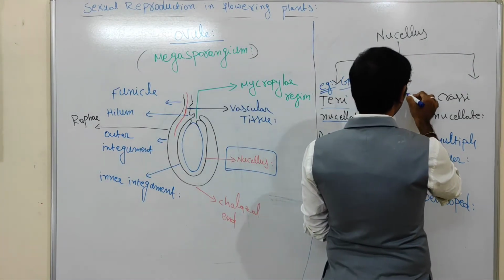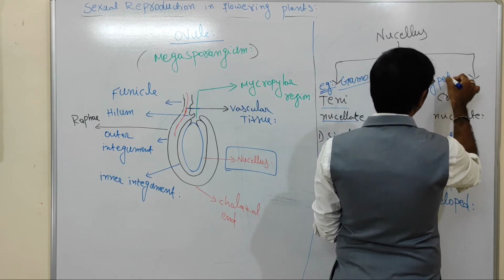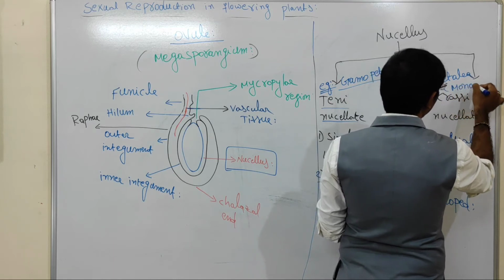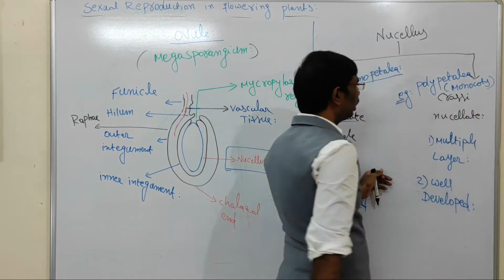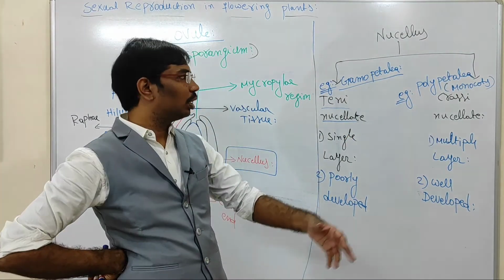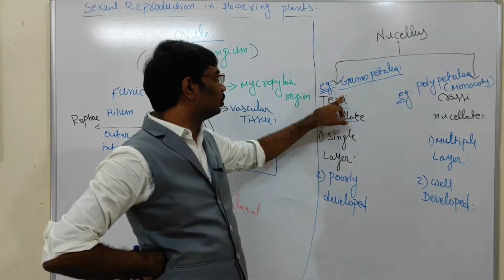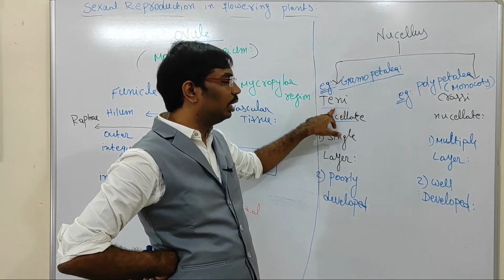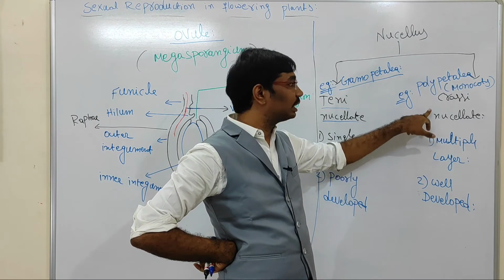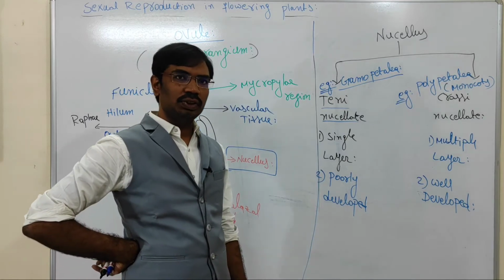Crassinucellate is present in the polypetalae, otherwise we can say monocots. So crassinucellate is well developed and teninucellate is poorly developed. The example of teninucellate is the gamopetalae and the example of crassinucellate is the polypetalae, that is monocots. So these are the types of nucellus.